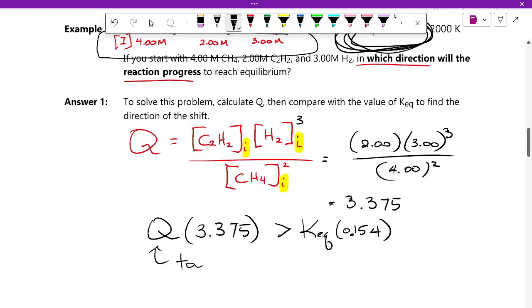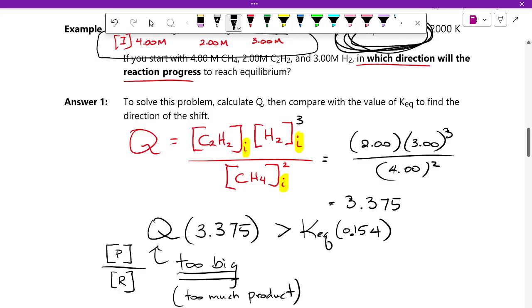So Q is too big. And remember, that means that concentration of products over concentration of reactants is too big. So we have too much product, not enough reactant. And if we have too much product, we can say, oh, look, I got too much product, not enough reactant.